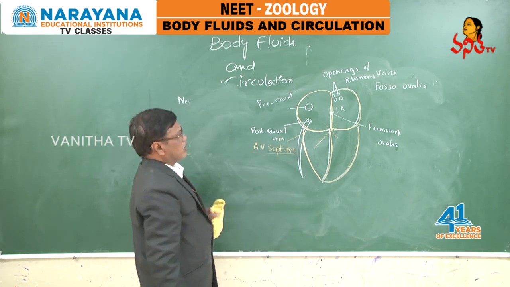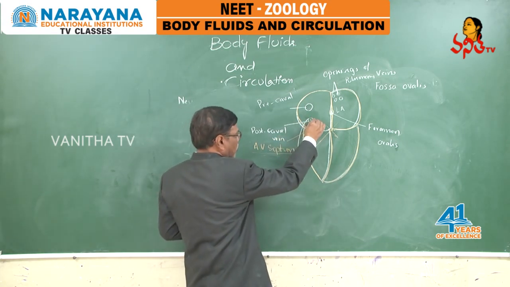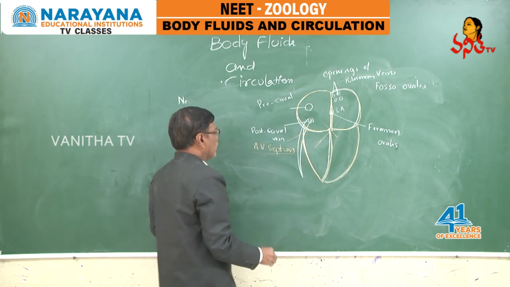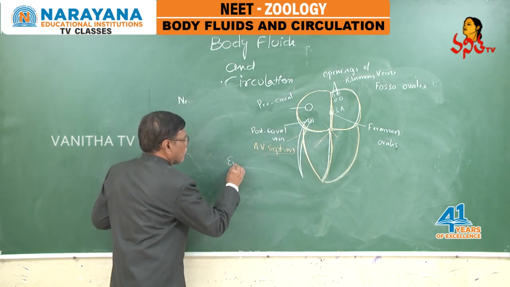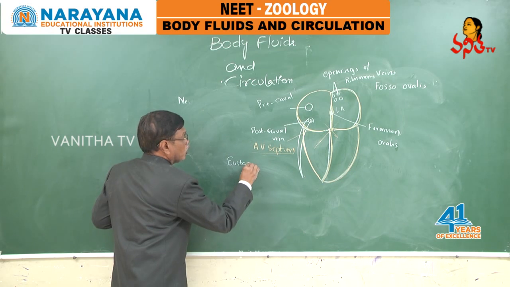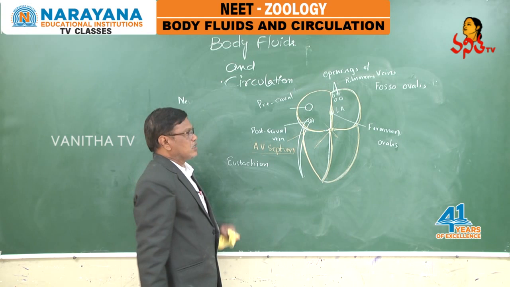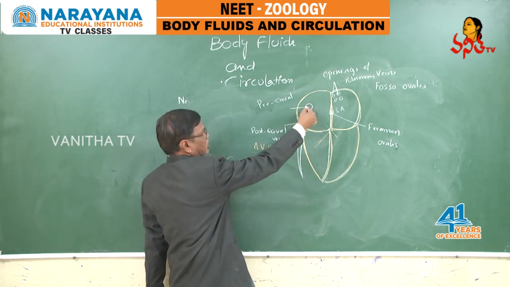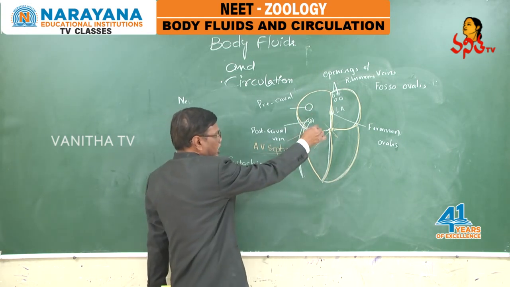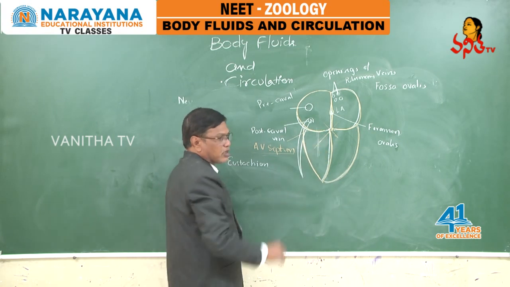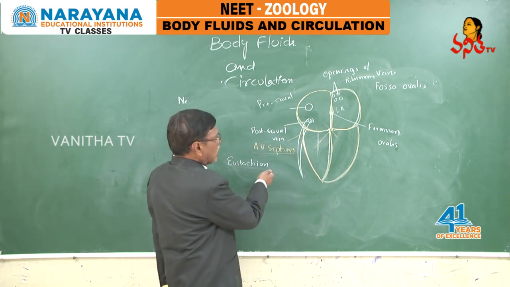In the embryonic stage, this opening of postcaval vein is guarded by the Eustachian valve. Why? Before the formation of lungs, if the blood received by the right auricle is poured into the right ventricle, it is of no use because no lungs are there.